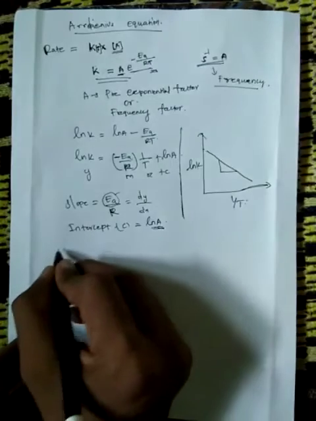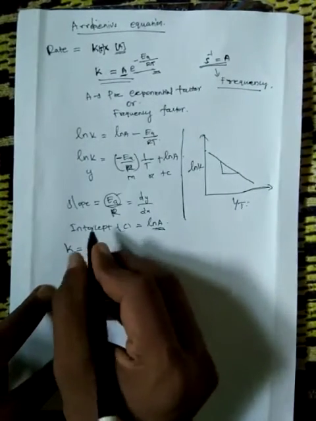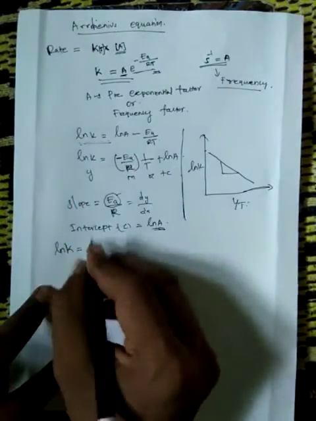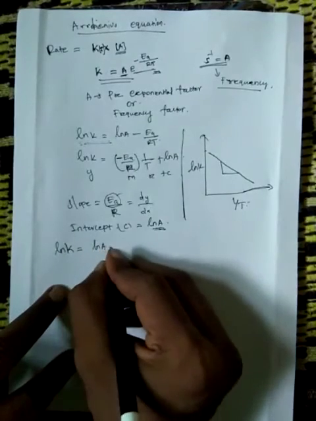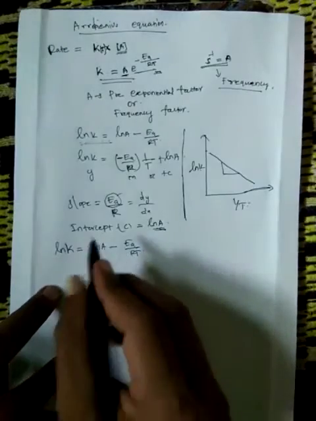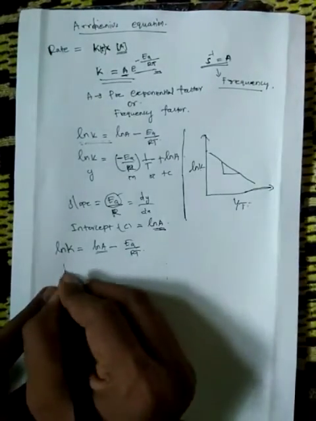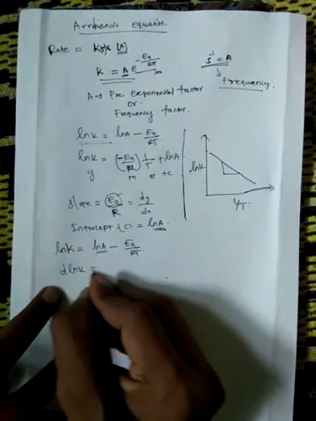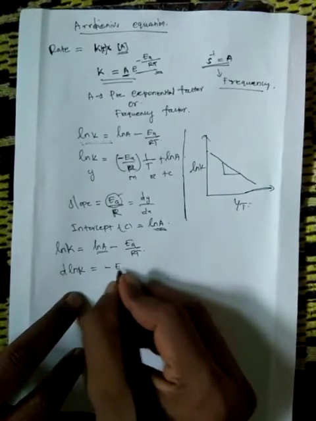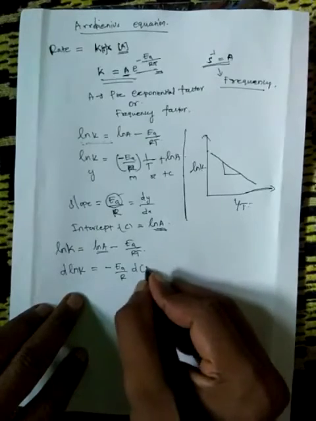Now I'm going to differentiate this equation. Logarithm K equal to logarithm A minus EA by RT. I said this pre-exponential factor is actually constant. I'm going to differentiate: d logarithm K equals 0 minus EA by R times d of T inverse.